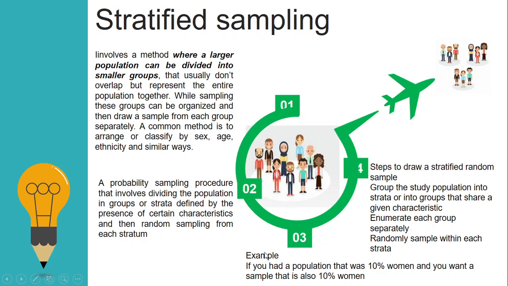Researchers would assign every economics student at the university to one of four subpopulations: male undergraduate, female undergraduate, male graduate, and female graduate. Researchers will next count how many students from each subgroup make up the total population of 1000.